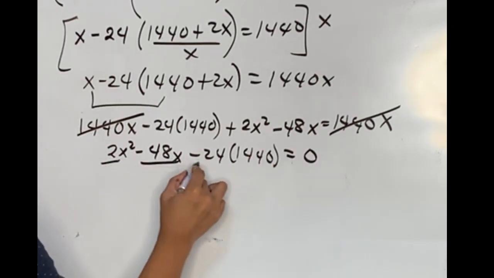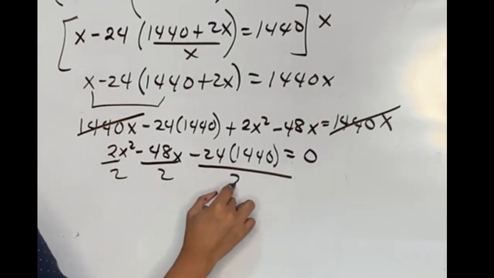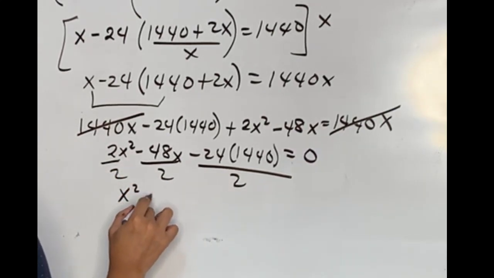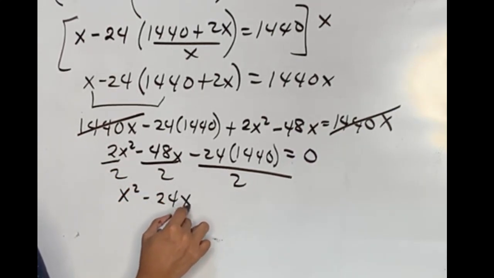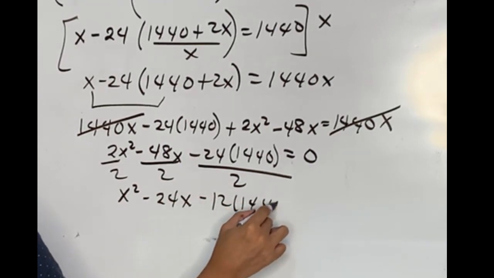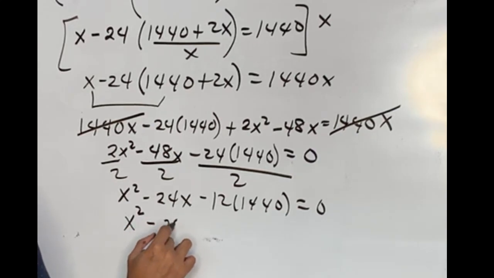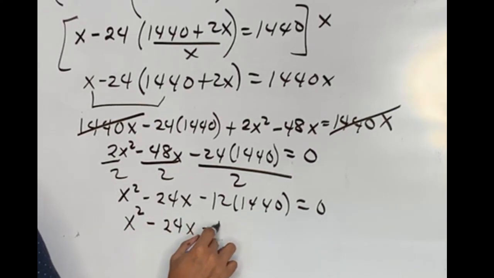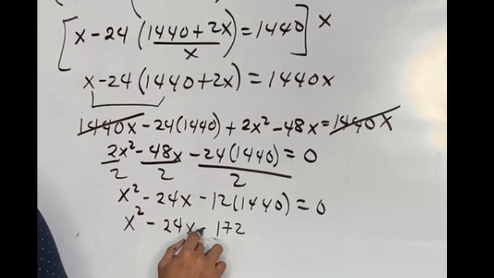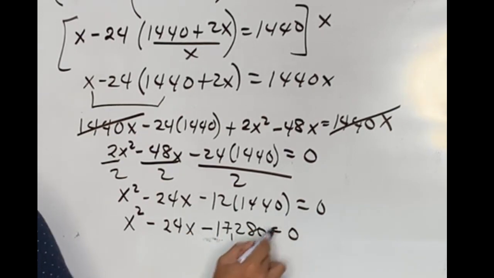So, to reduce the equation, divide all the terms by 2. You will have x squared minus 24x minus 12 times 1,440 is equal to 0. Multiplying 12 and 1,440, you will have x squared minus 24x minus 17,280 is equal to 0.